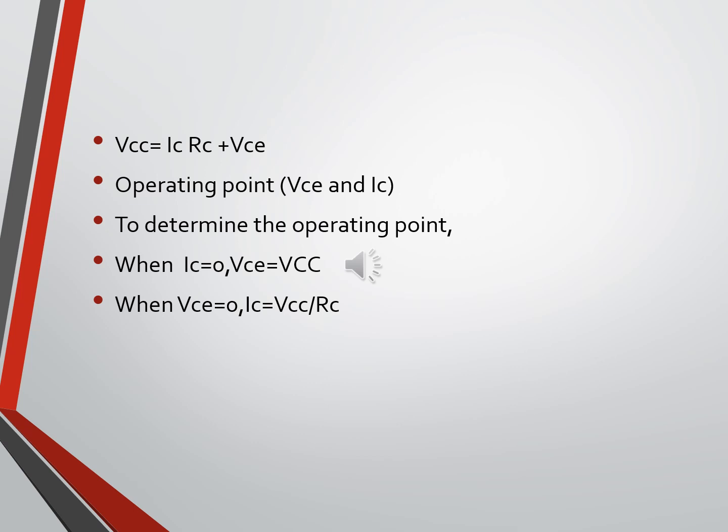So in order to get the stabilization of the operating point, the main thing is we need the stabilization of the collector current. Whenever there is a variation in the collector current with the variation in these transistor parameters, we can express it by using various stability factors: the stability factor S, stability factor S dash, stability factor S double dash, and we can study all these on the next day.